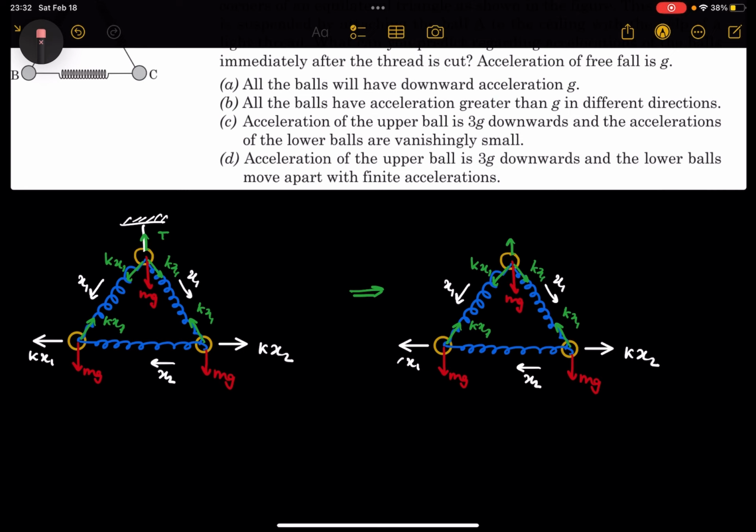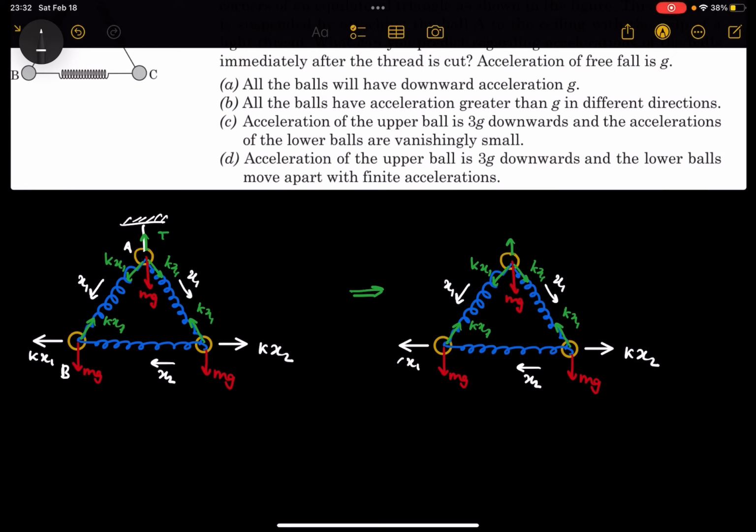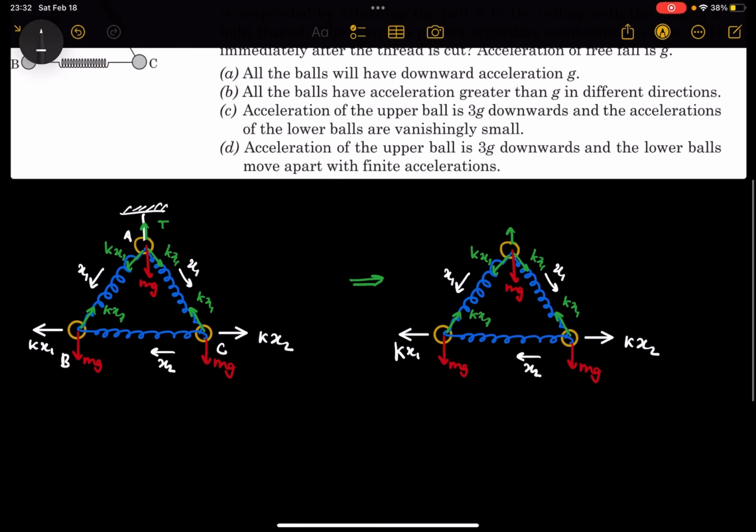So B and C, let's see, this ball is called A, this is B and this is C. The force acting on ball B and ball C does not change. So we can say that the acceleration of B and C is the same and it is 0.